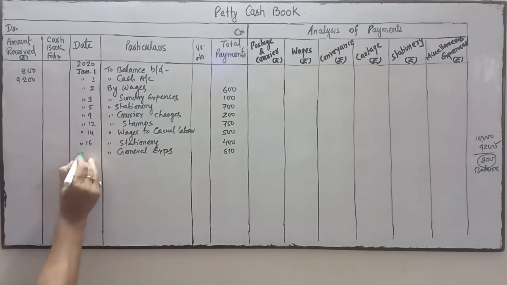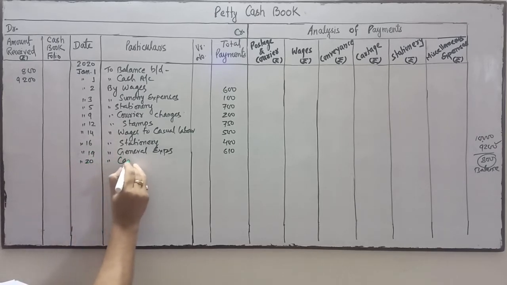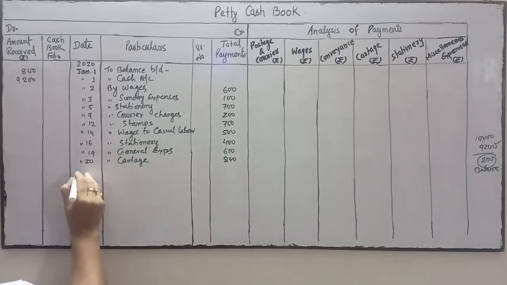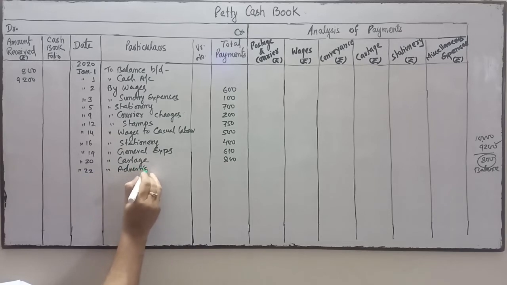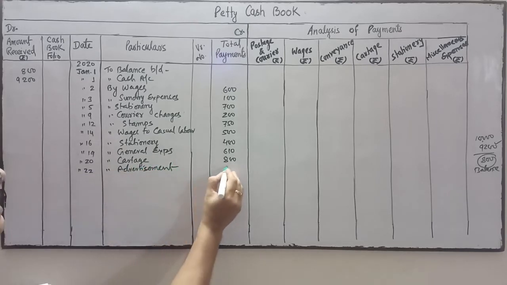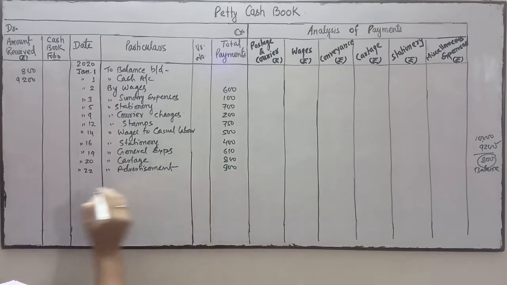Next date is the 20th, by cartage, that is 800. Next, on the 22nd, paid for advertisement, 900.